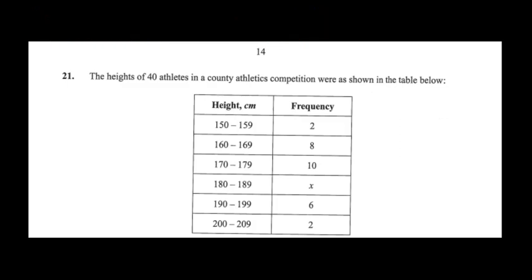Question number 21 states that the height of 40 athletes in a county athletics competition were as shown in the table below. Okay, so let me draw that table quickly. We have height in centimeters, and then we have frequency.